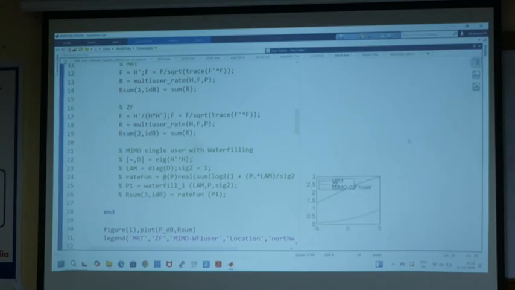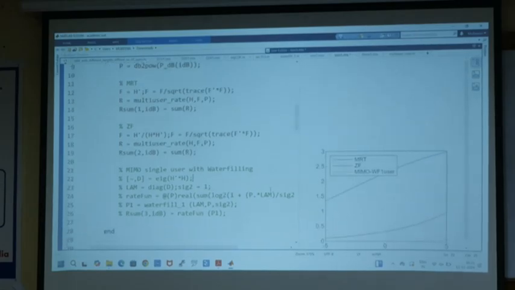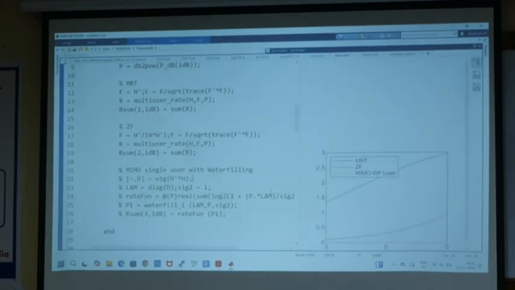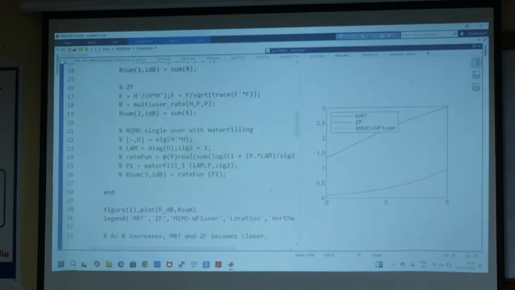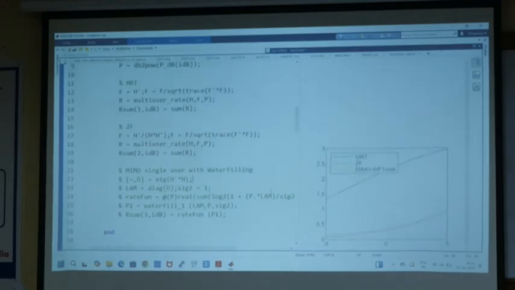Yeah, so here, these are the two results, one for MRT and one for zero forcing. Zero forcing should give a better result, but it's coming the opposite.